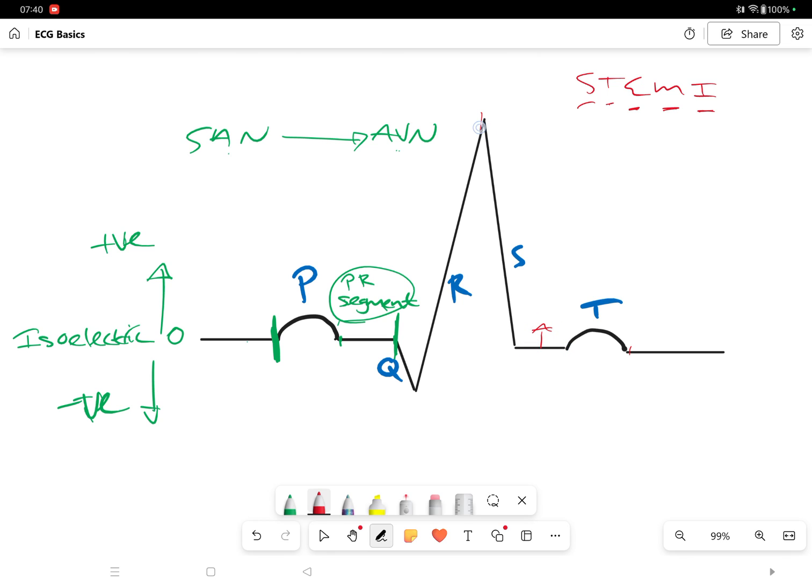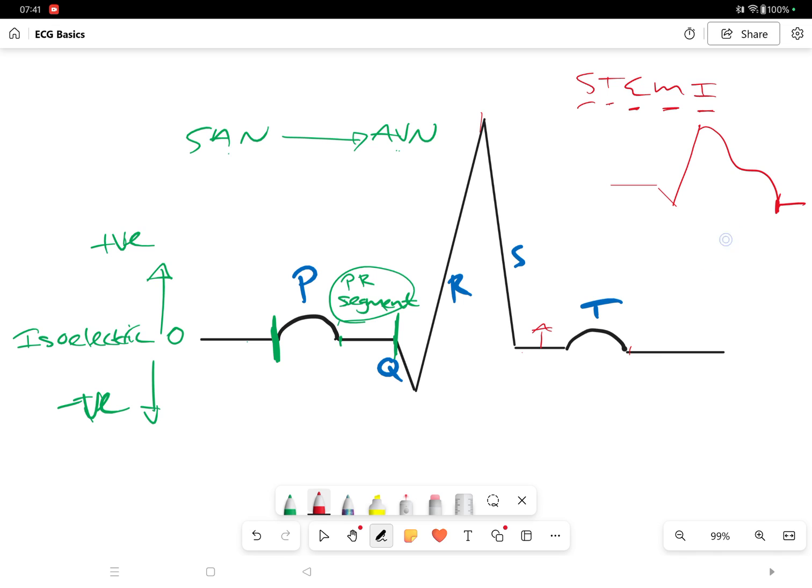Instead of this coming down like this and staying here, and I'll draw it out here, what you'll get is that Q, then the R, and then instead of coming down like this, you'll get this. So this is the end of your T wave over here.